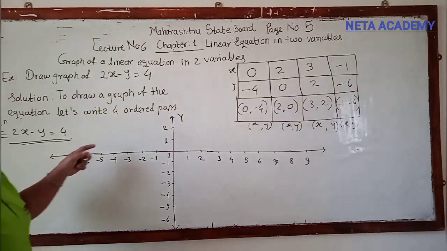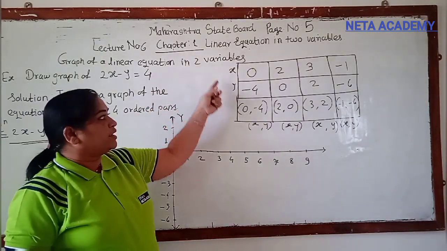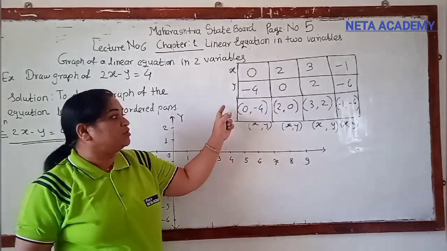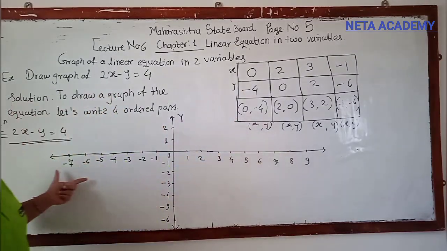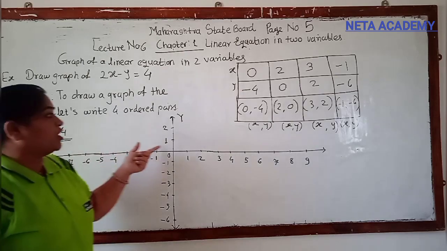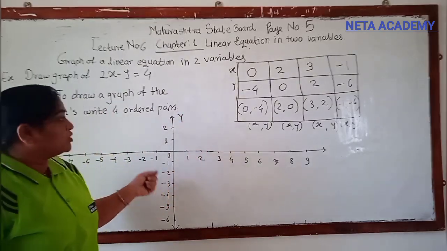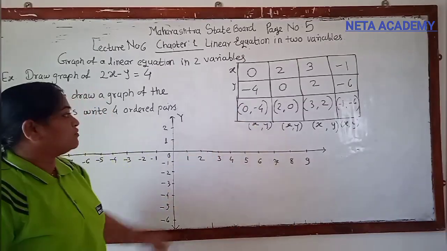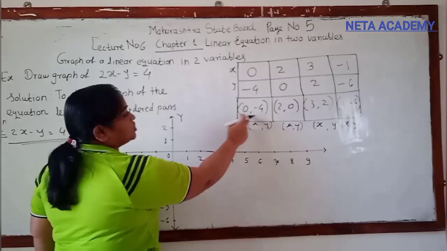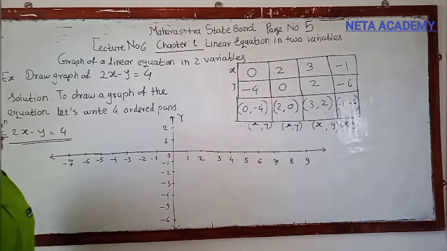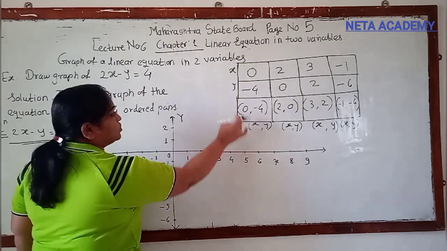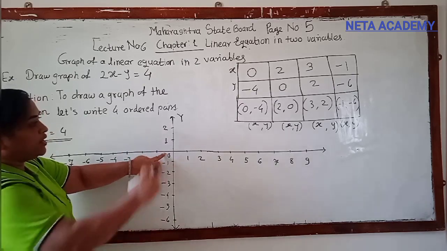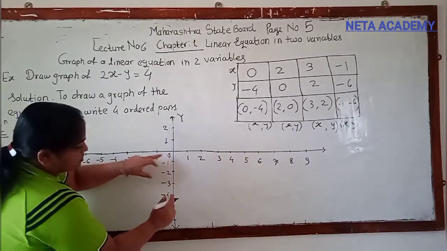Now this is our table for x and y. We had found it before, and now we'll plot the graph. Before plotting the graph, we will plot the points. First is 0 and minus 4. X is 0 and y is minus 4.